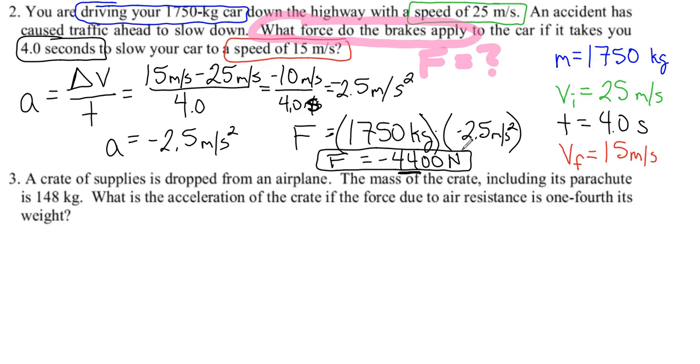Number 3, it says a crate of supplies is dropped from an airplane. The mass of the crate, including its parachute, is 148 kilograms. So mass is equal to 148 kilograms. What is the acceleration?